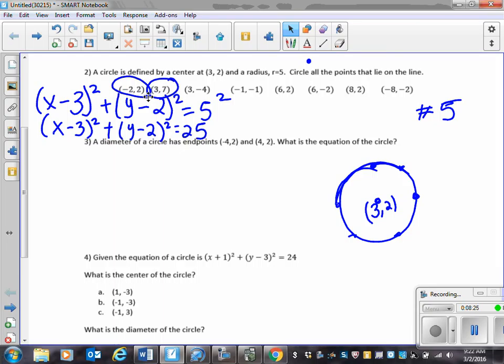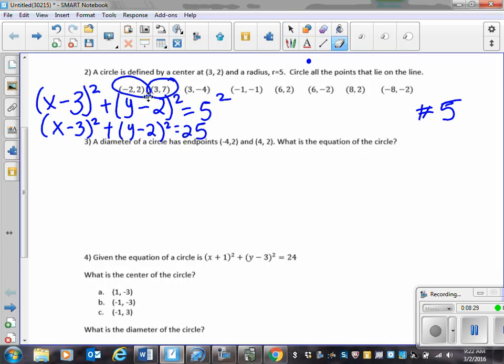For the next problem, number 3, the question is, a diameter of a circle has endpoints negative 4, 2 and 4, 2. What is the equation of the circle? To write the equation of the circle, I need to know the center and I need to know the radius of the circle.